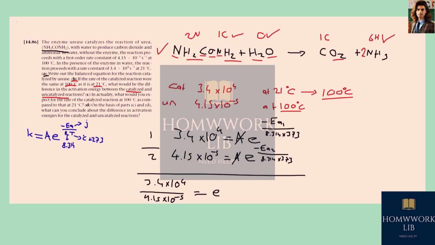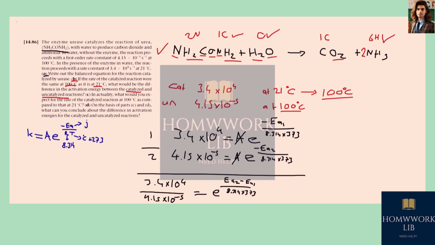When we do the powers, if you're dividing, we're going to subtract one from the other. So it's going to be Ea2 minus Ea1 divided by 8.314 times 373.